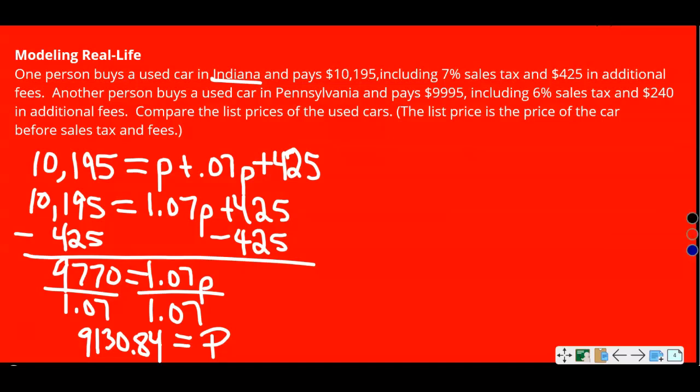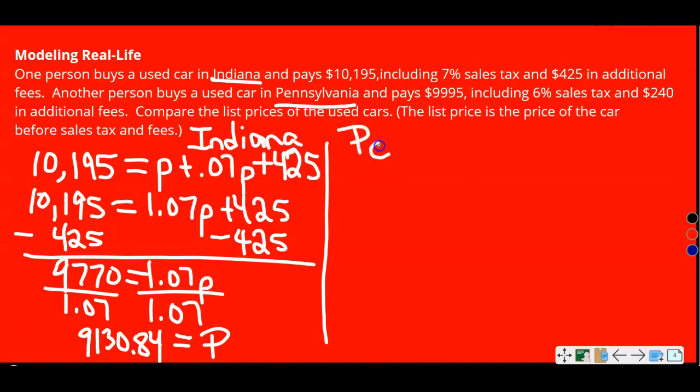All right, so let's look at the price of the car from Pennsylvania. We're going to set it up pretty much the same way. We know that they pay $9,995.